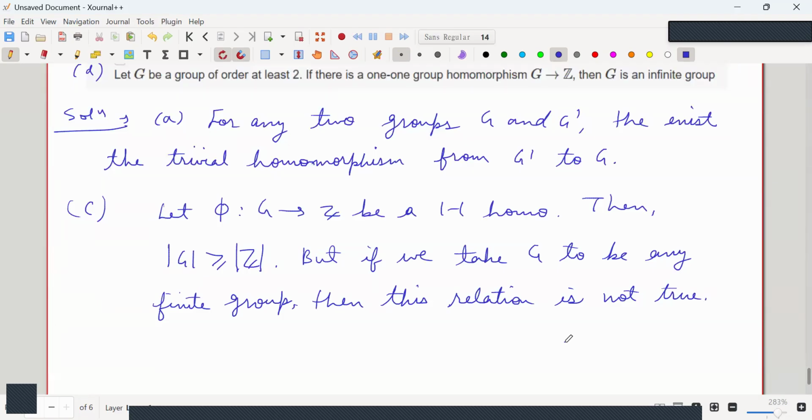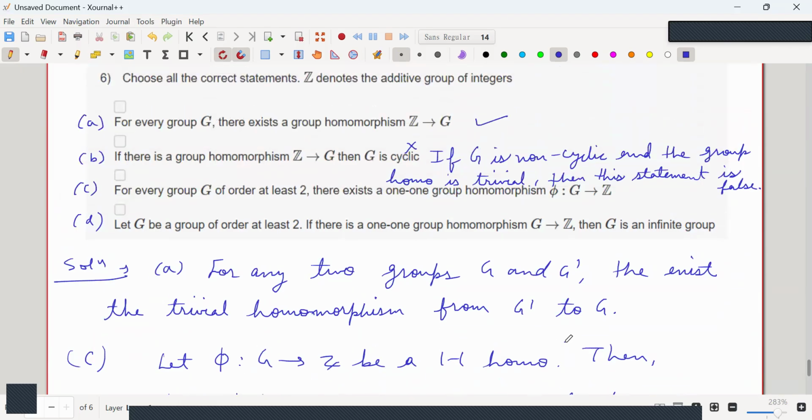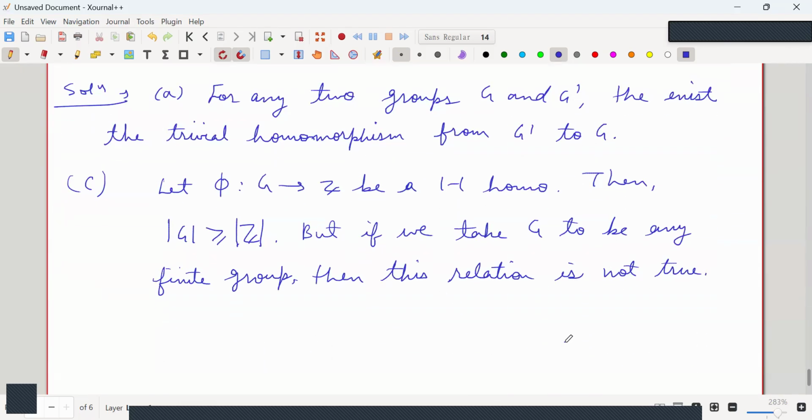Hence, you have a counterexample. Any finite group of order at least two will give you a counterexample. That means G can be any non-trivial finite group.